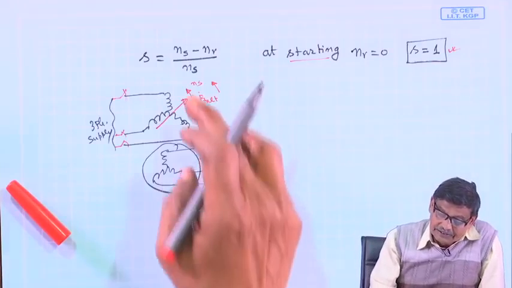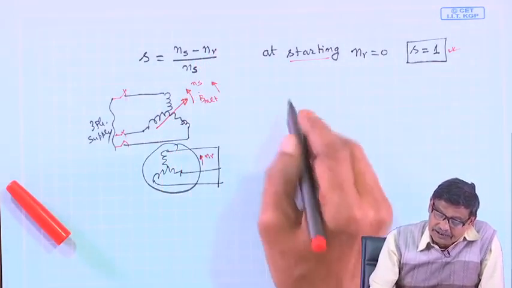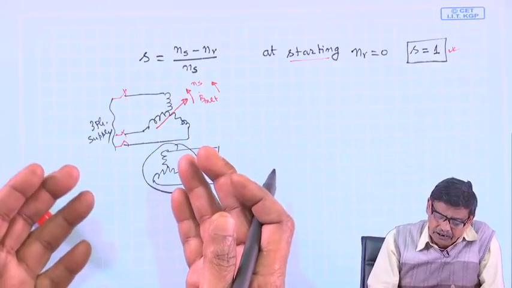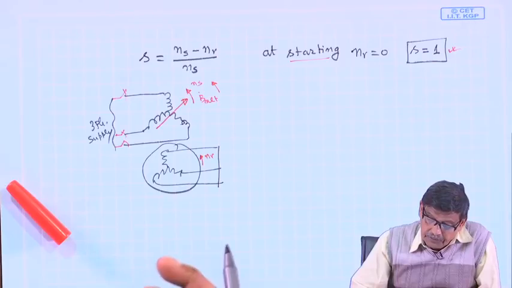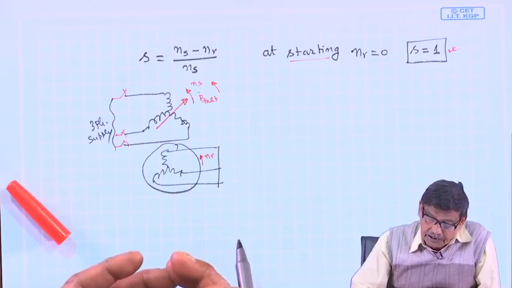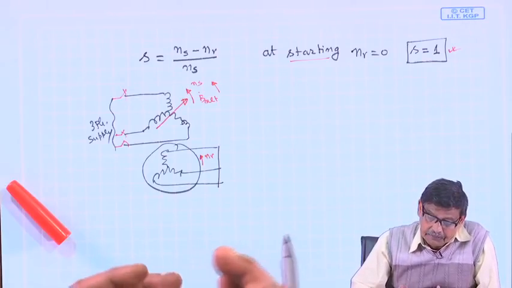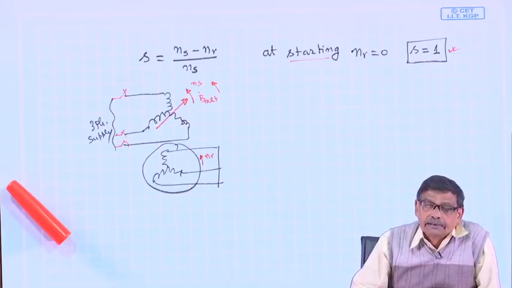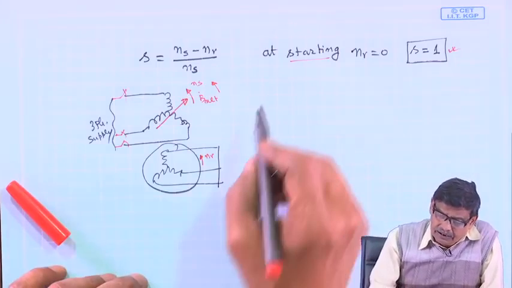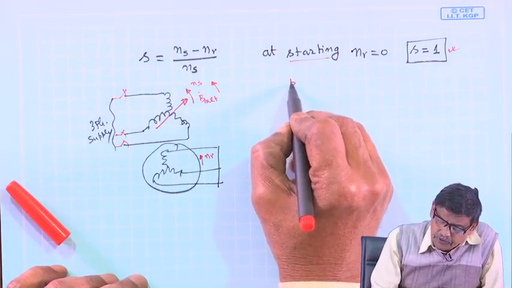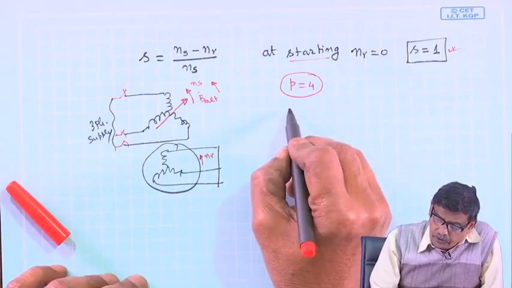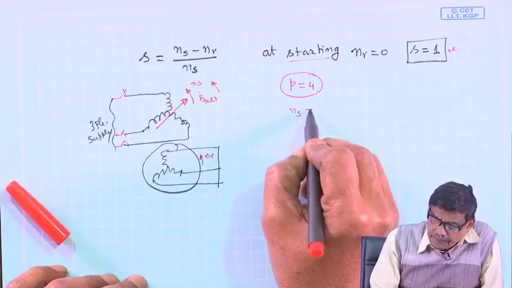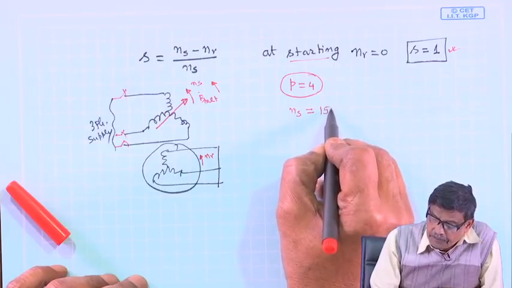So, Ns minus 0 it has started, then speed is expected to grow up, speed will become 10 rpm, 15 rpm and so on. And let us do this exercise. Suppose P equal to 4 number of poles, then I know Ns is equal to 1500 rpm.